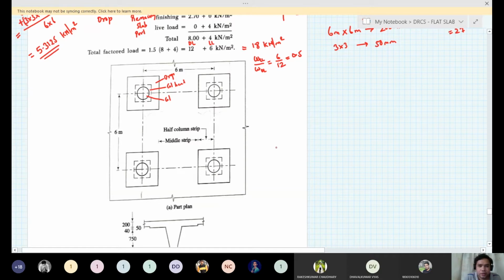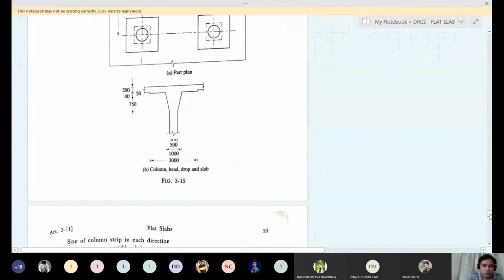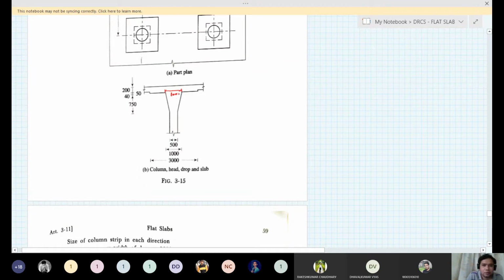You can find the equivalent rectangular area of a circular column head by equating the area of the column head with a square, and you will get the width of the square. See, this is 500 mm, this is 1000 mm, that is the diameter of the column head.